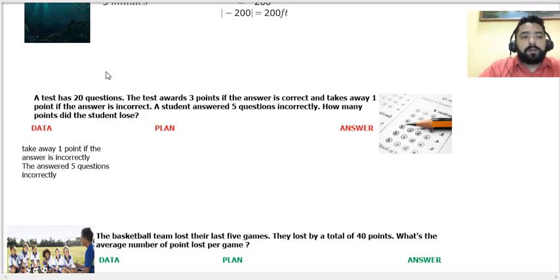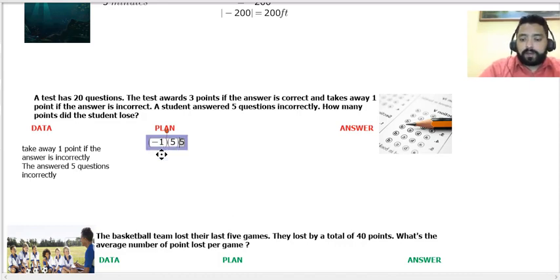So it's 5. In our plan, remember, take away means negative, so we are going to write -1 in parentheses. In this case, I'm going to use parentheses. -1, and we are going to multiply by the number of questions that were incorrect. So it's going to be 5. -1 times 5 is -5.